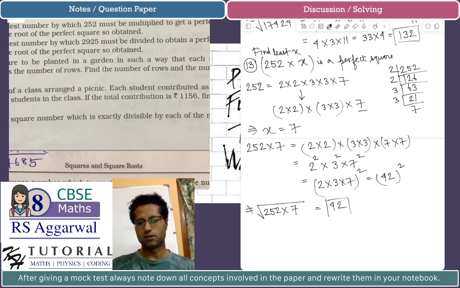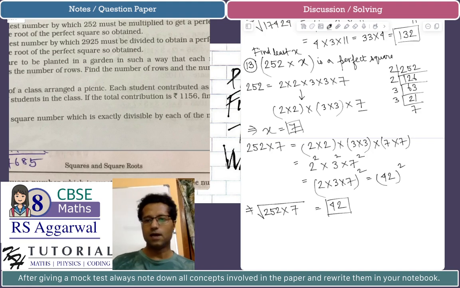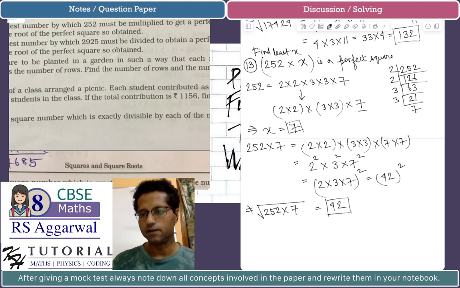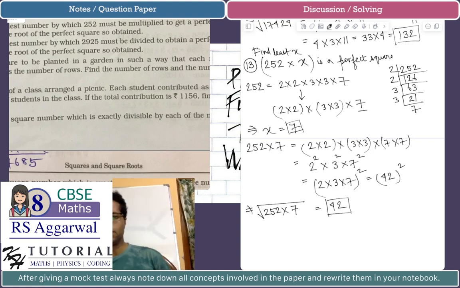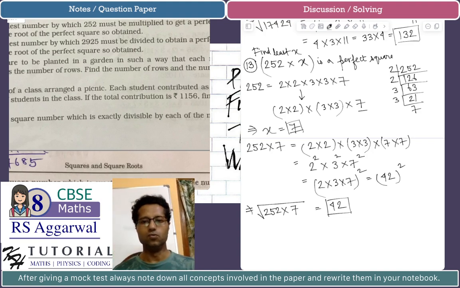So this is the answer of the second part, and the other is the answer of the first part. The least number to be multiplied is 7, and the square root of the new number obtained after we multiply 7 with the given number is 42. Okay.